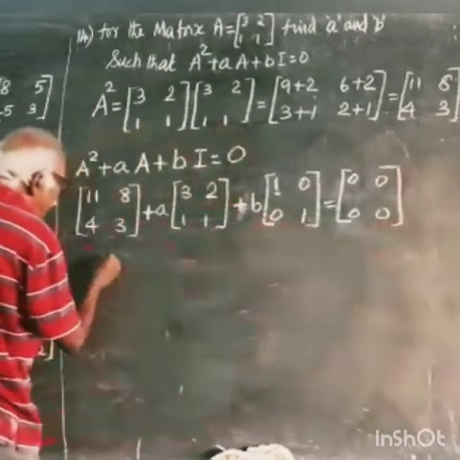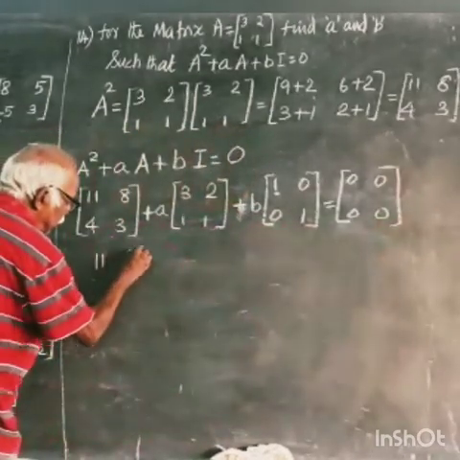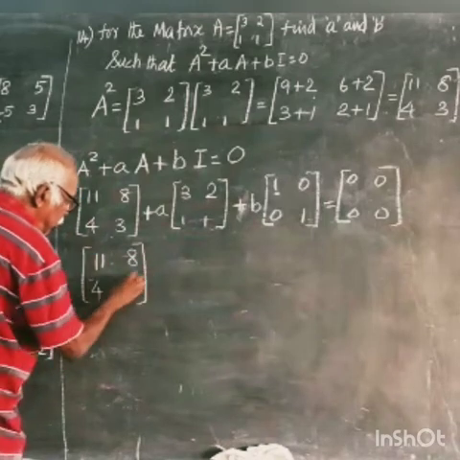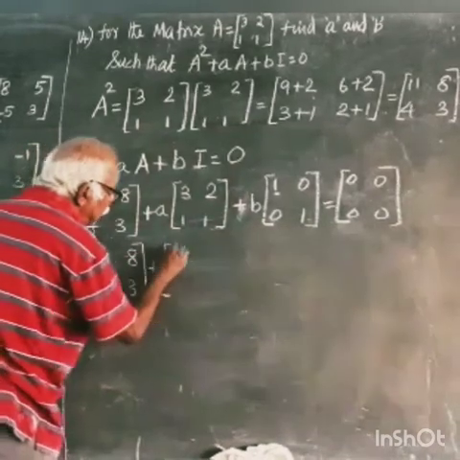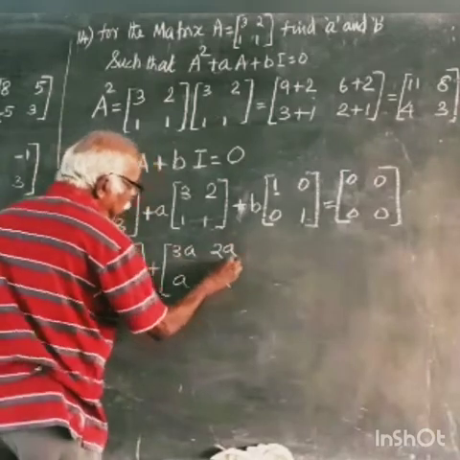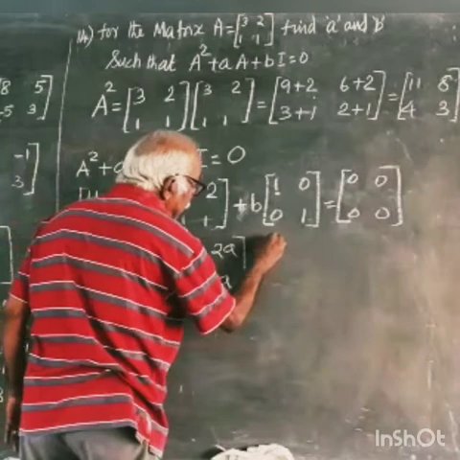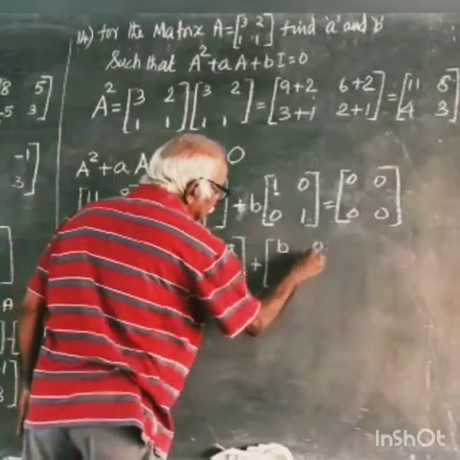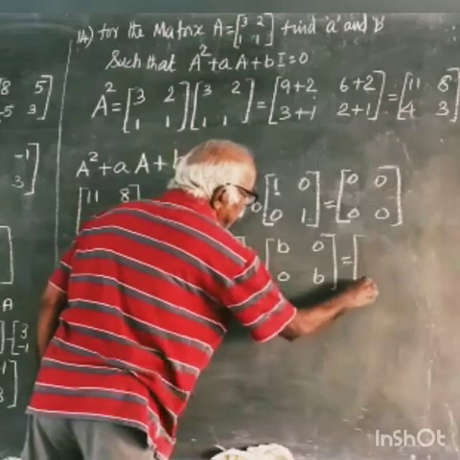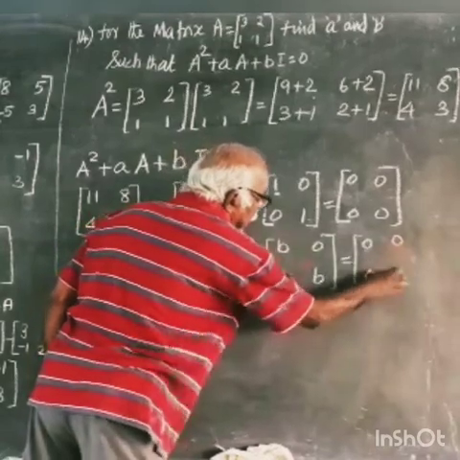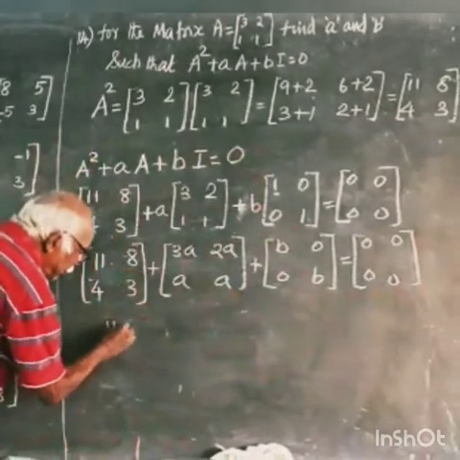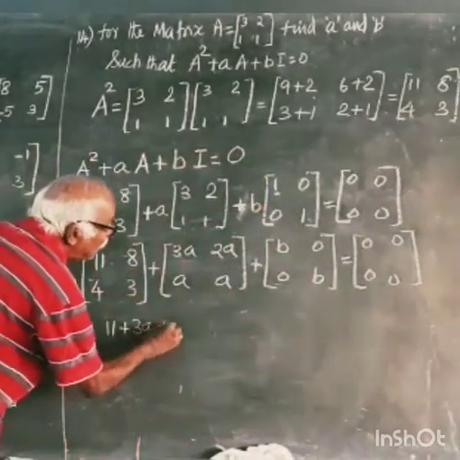So [11, 8; 4, 3] plus [3a, 2a; a, a] plus [b, 0; 0, b] is equal to [0, 0; 0, 0]. Now add all this. First row first column: 11 plus 3a plus b.